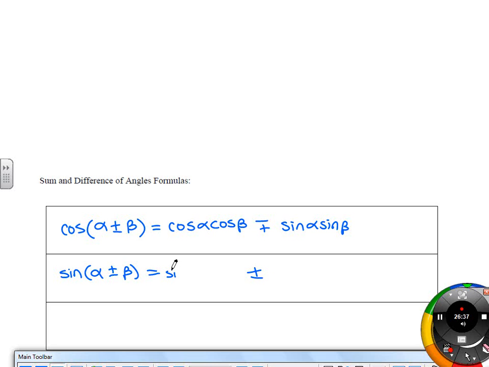It's sine of the first angle, cosine of the second angle. And then over here, it's cosine of the first angle and sine of the second angle. I know. So I just always remember one of them's nice here. If it's nice here, it's not nice here. One of them's nicely organized here, but then over here I have to remember to switch it. But you guys don't really have to memorize them yet, so you're fine.